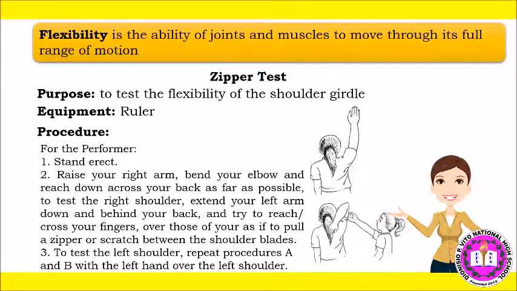To test the right shoulder, extend your left arm down and behind your back and try to cross your fingers over those of your right hand as if you pull a zipper or scratch between the shoulder blades. Third, to test the left shoulder, repeat procedures A and B with the left hand over the left shoulder.